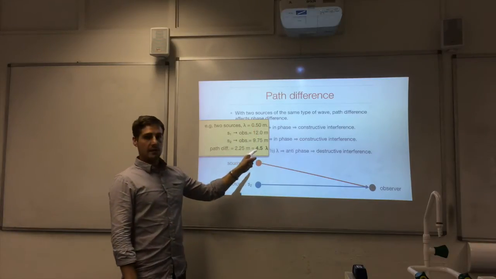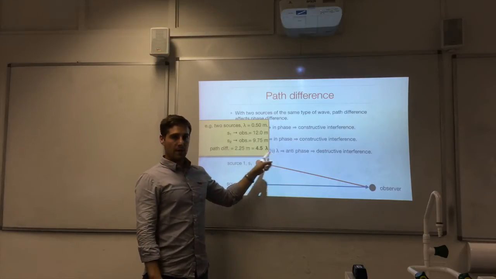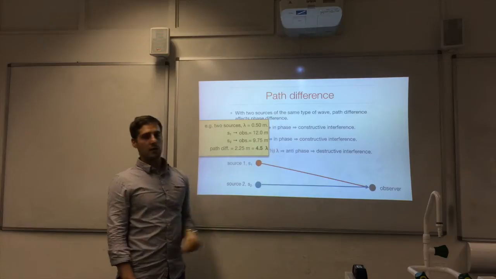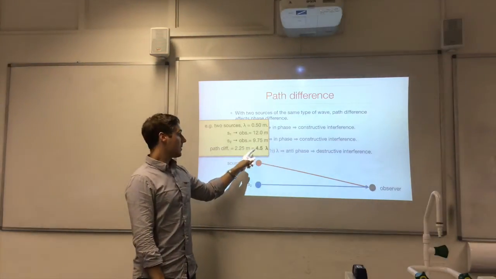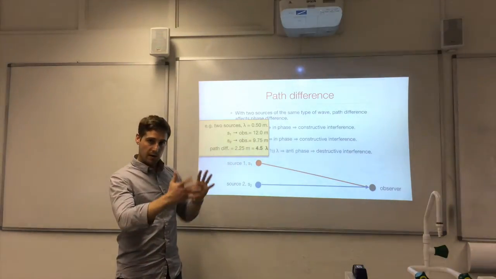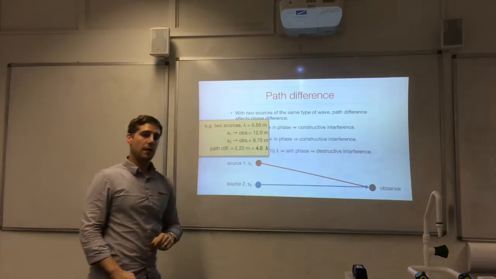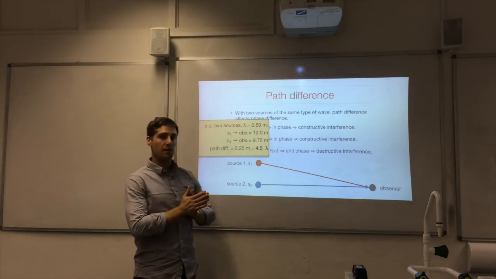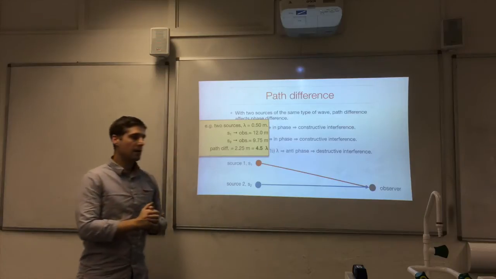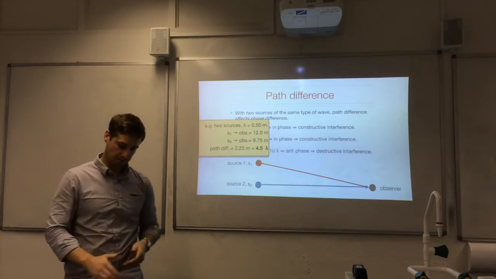So that tells me that this is the final situation here, n plus a half lambda, where n was 4, plus the half wavelength. That tells me that the waves at that point are arriving in antiphase and they're producing destructive interference. Okay, so that's an example using a wavelength and path differences.